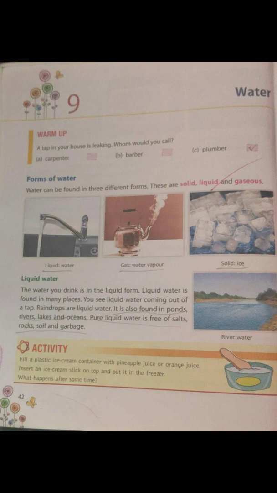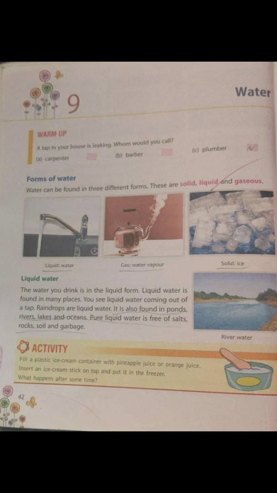Many of you have visited them also, right? So, pure liquid water is free of salt, rocks, soil and garbage. And we should always drink pure water, right? Purified water.